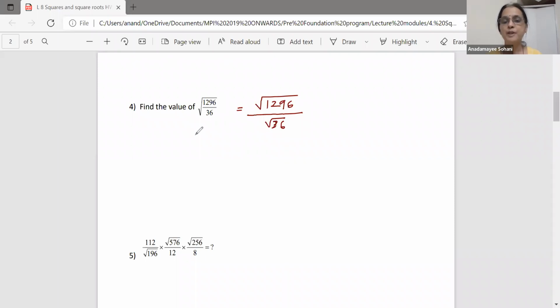Now find the root of 1296 by the approximation method that we did the other day. This is falling between 30 square, 900, and 40 square, 1600, correct?